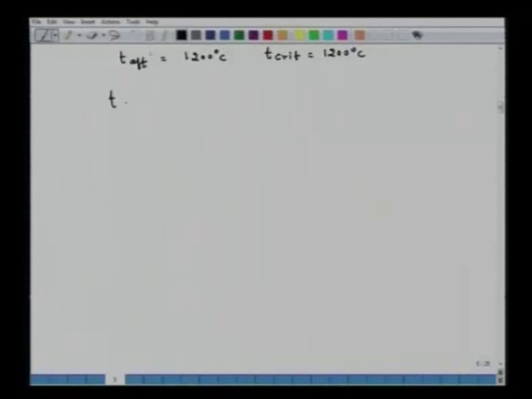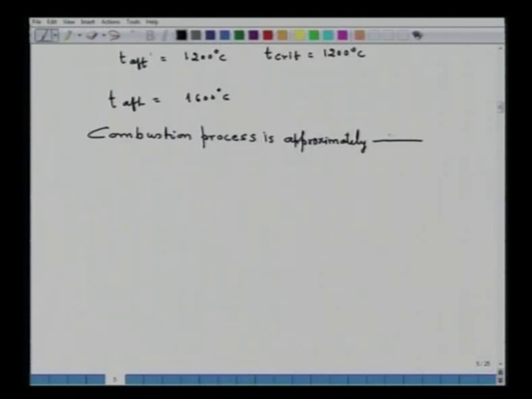A TAFT that is equal to 1600 degrees Celsius, then the combustion process is approximately 400 upon 1600 into 100, that is equal to 25% efficient.